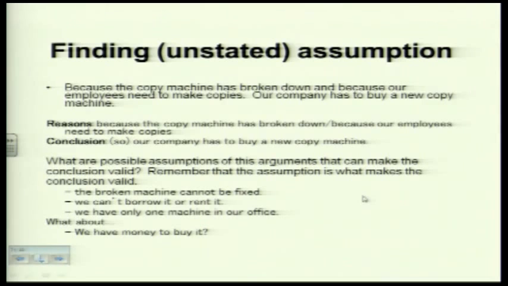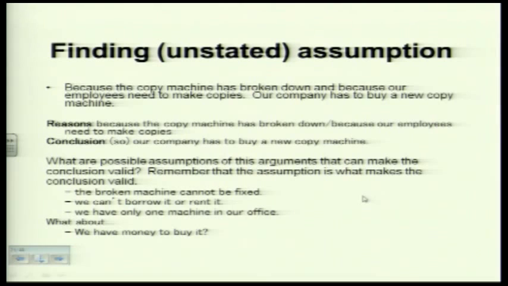Second, we cannot borrow or rent one from someone. That's why we have to buy a new one. And the third could be we have only one machine in our office, so we cannot use some other machines in our office. So these are possible assumptions.